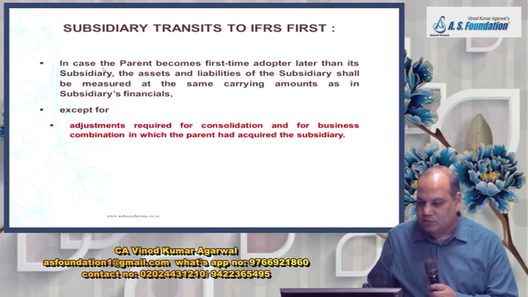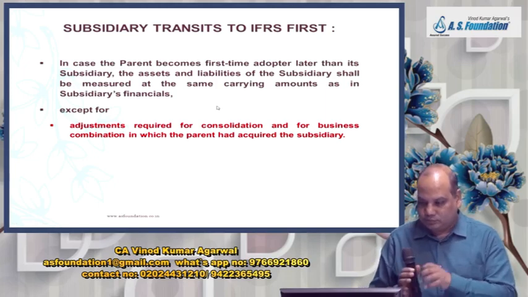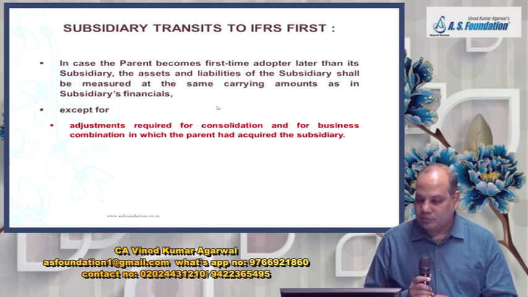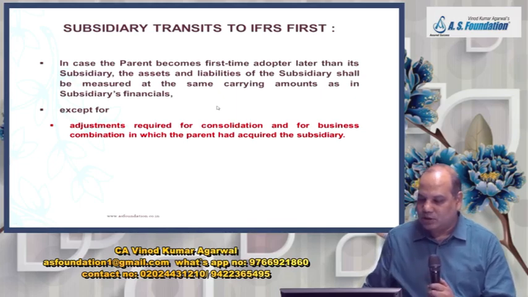Next possibility, subsidiary transits to IFRS first. In this case, the parent becomes a first time adopter later than the subsidiary. The assets and liabilities of the subsidiary shall be measured at the same carrying amount as in the subsidiary's financial statements. So no major changes here.